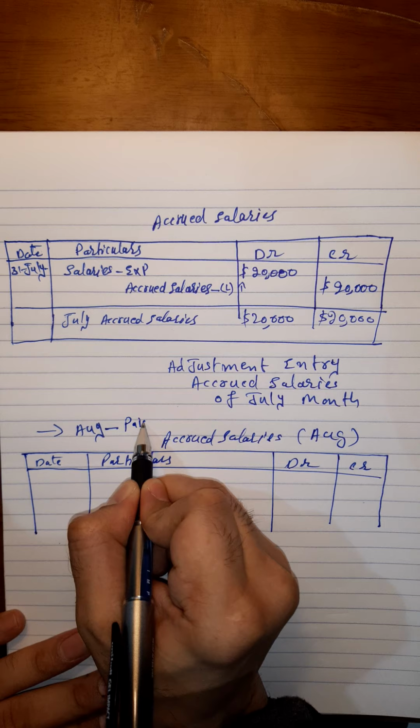When we pay the salary of July in August, then again we will do one entry. So this entry will be an adjustment entry. Okay, now we do the journal entries and also the adjustment entry.